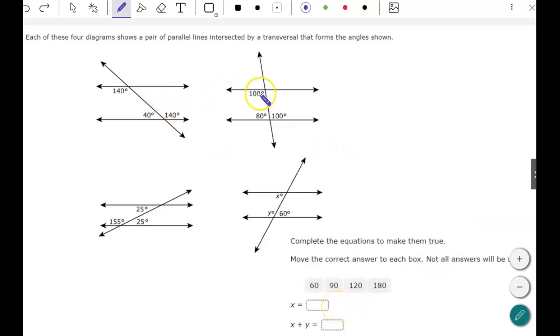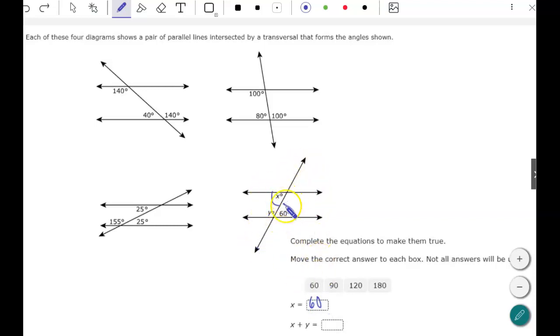Well, there's only one diagram that has the x right here. Now remember that you've got angles that are called alternate interior that are congruent, this and this. Those are the same size. If you look at that, you can hopefully tell they're both acute, they're the same size. So x would be 60.